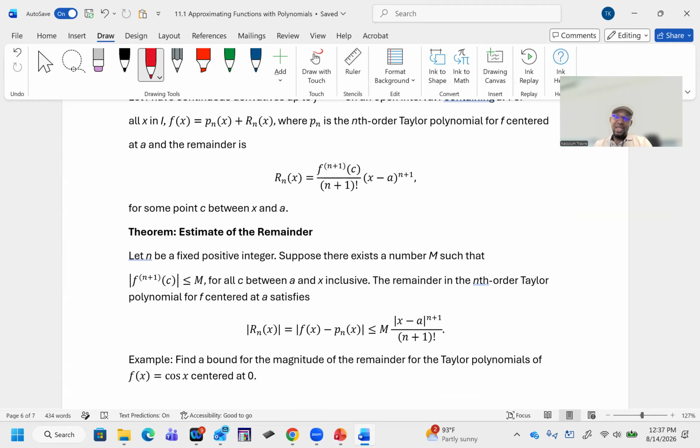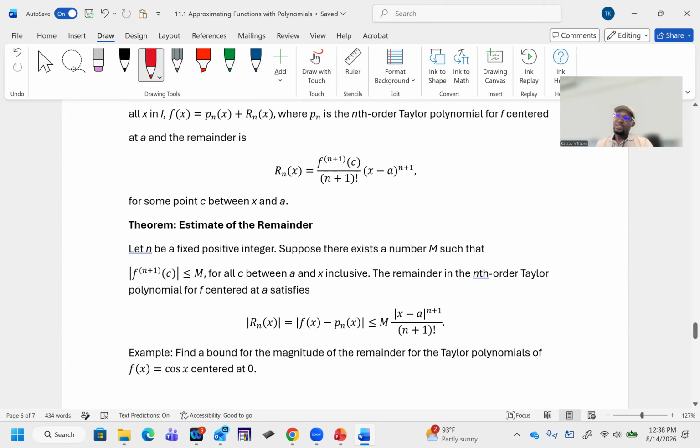The remainder in the nth order Taylor polynomial for f centered at a satisfies the absolute value of R sub n of x is equal to the absolute value of f of x minus P sub n of x, which is less than or equal to m times the absolute value of x minus a to the power of n plus 1 divided by n plus 1 factorial.